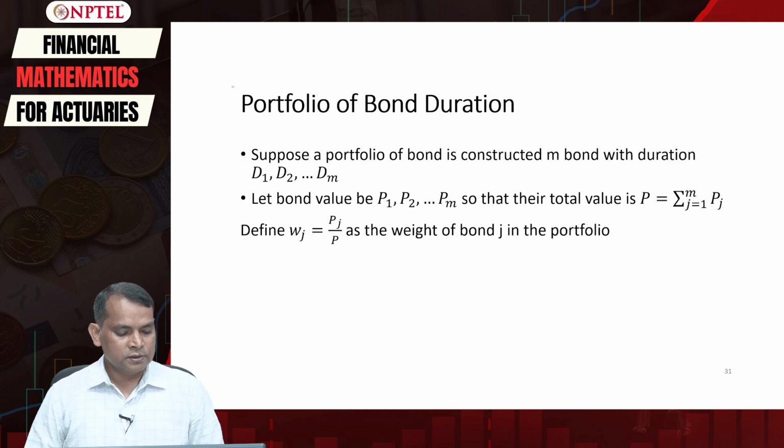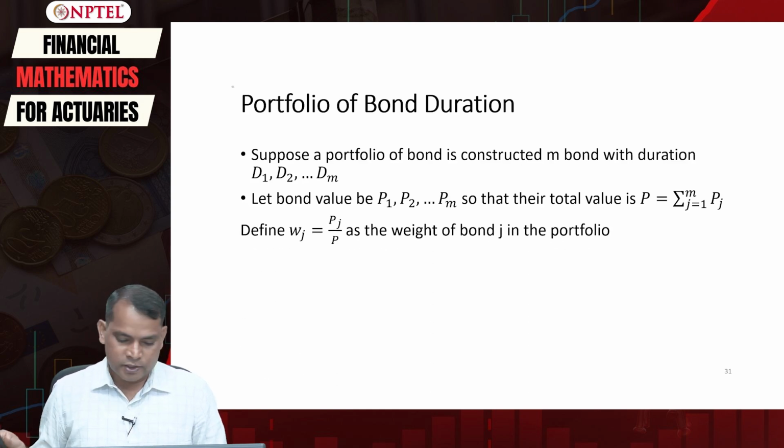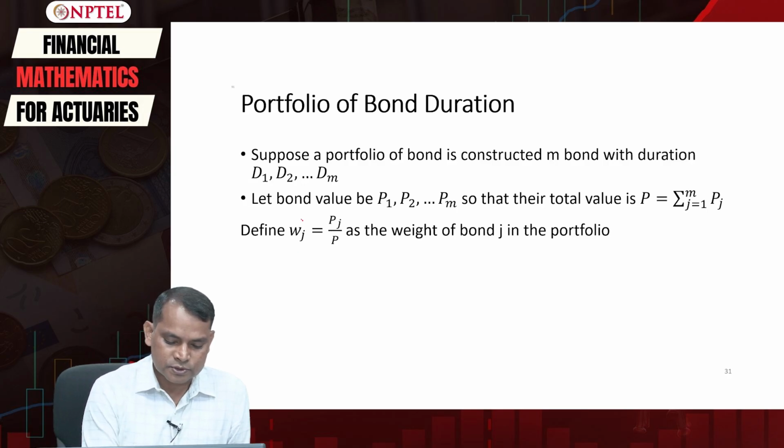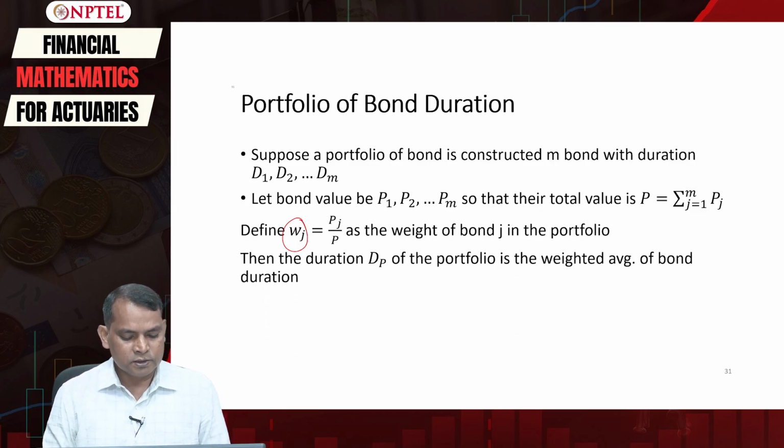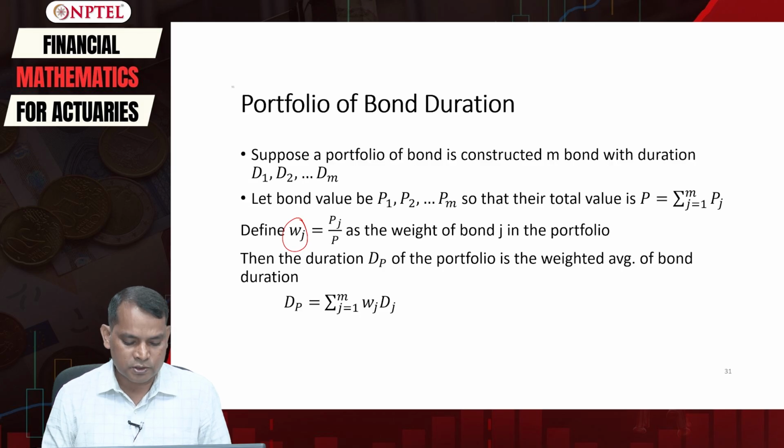Then we can define the weight of bond j in the portfolio as pj upon P. The duration Dp of the portfolio is the weighted average of the bond durations, computed as Dp equals the summation of wj dj.